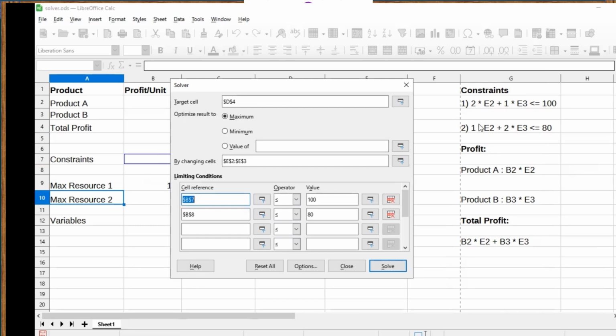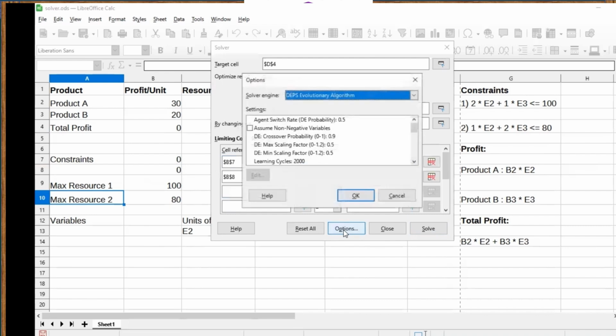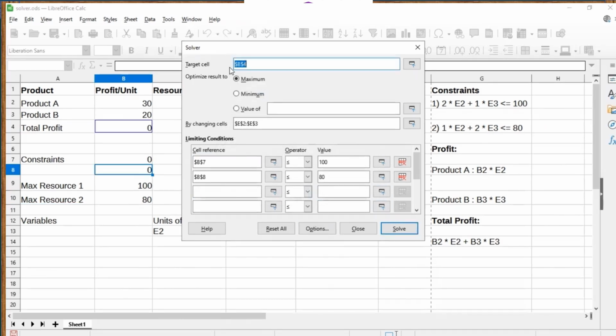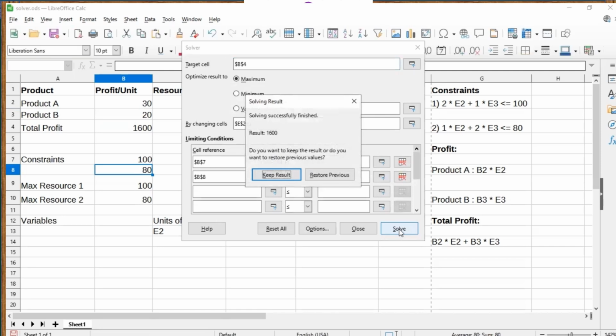Check once more: the target cell, maximize option selection, variable cells range is specified, and the constraints are specified. Click on the Options button and select the algorithm to be used for Solver. I have selected Linear Solver. Target cell B4 is correct here. Click on the Solve button to get the optimal solution.